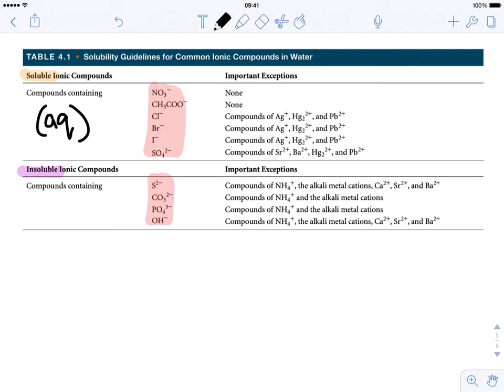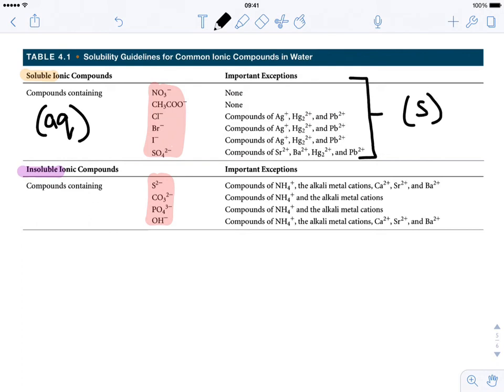Now there's one really big exception here, or important thing to note, are these important exceptions right here. If these anions right here are paired with any of these cations, the compound then becomes insoluble, meaning it does not dissolve in water, and as a result, forms a solid.